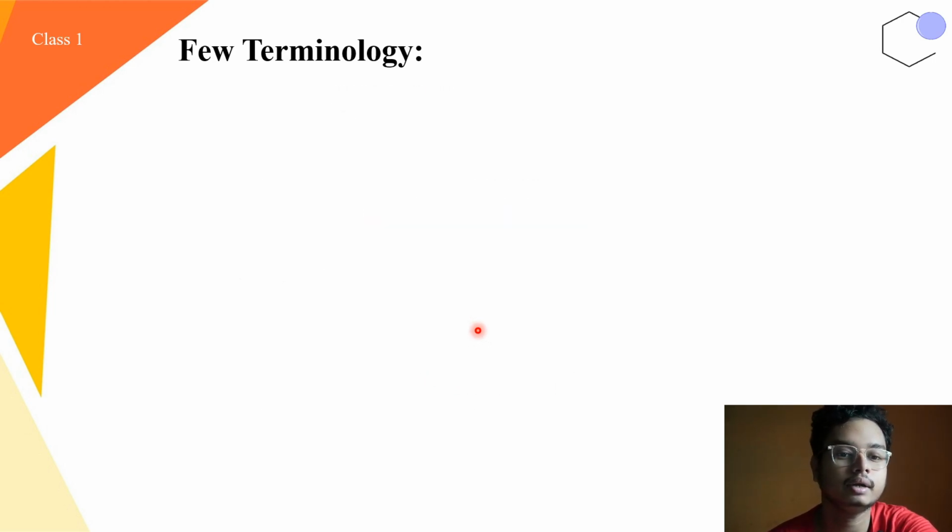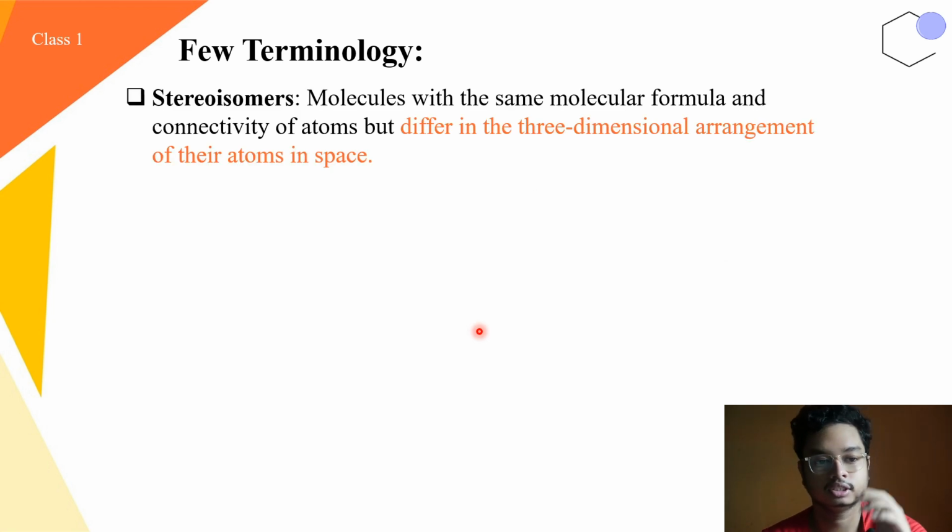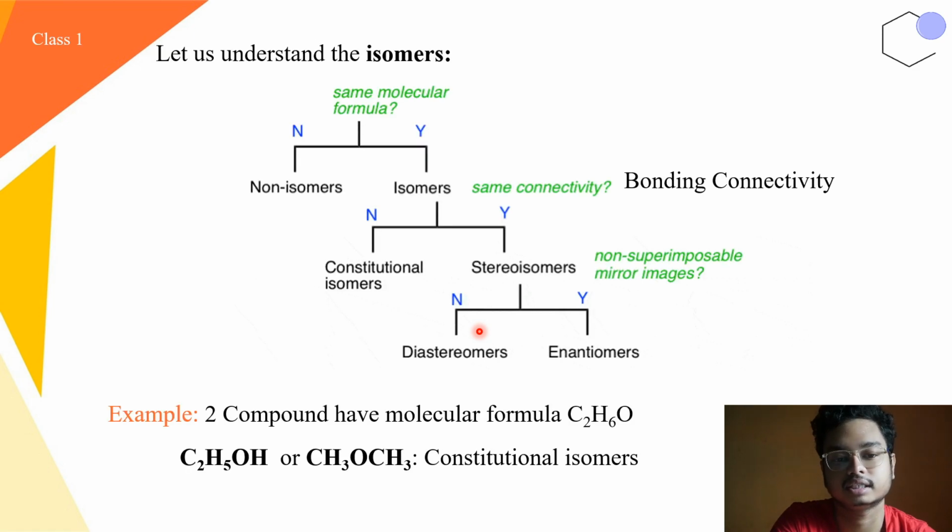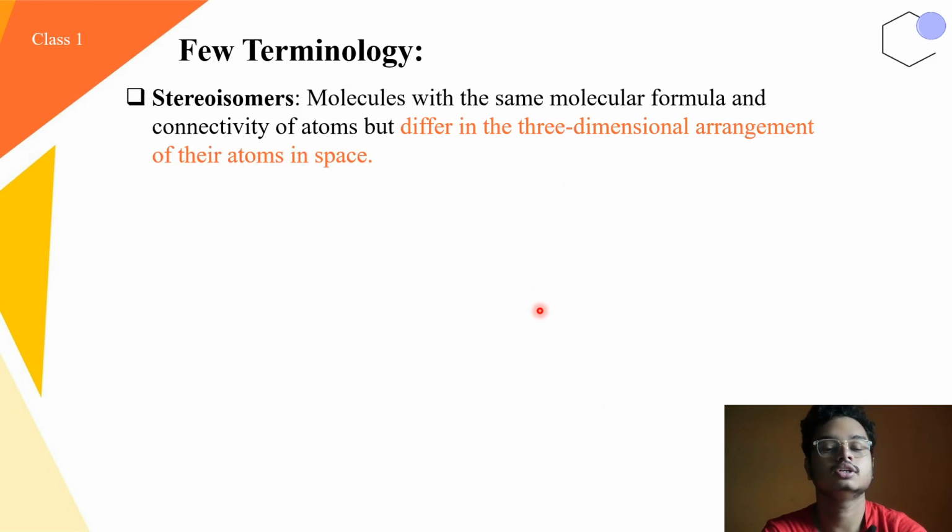Right now we are talking about a few terminologies. First, the stereoisomer. In the previous chart we understood what stereoisomers are. Now we can look at the definition. Stereoisomers are molecules with the same molecular formula and the same atom connectivity but differing in the three-dimensional arrangement of atoms in space.